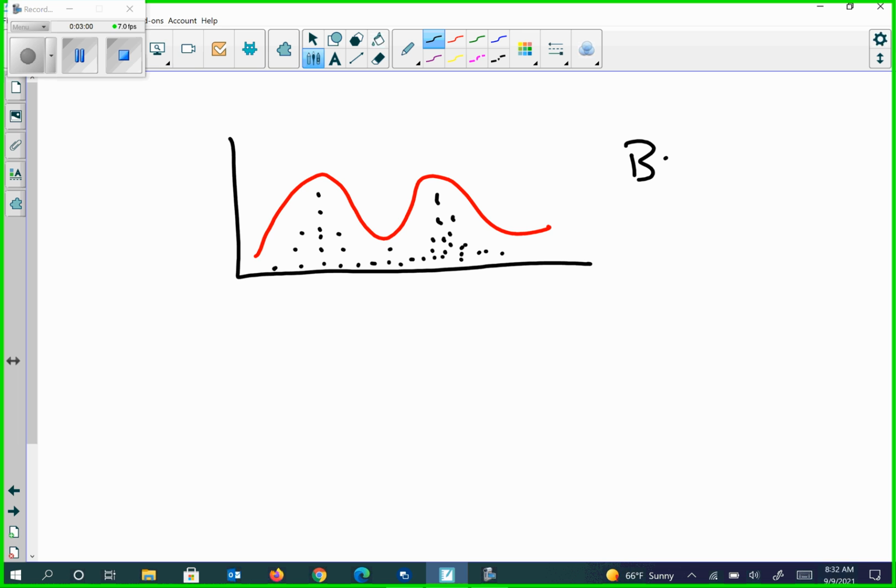This is called bimodal. That just means that if we were to have a normal curve, we got a couple humps in there. If you had 3 humps, trimodal, 4 humps, call it 4-modal. You rarely see anything beyond bimodal, but it theoretically is possible to have more humps like that. But that's basically what the data looks like.